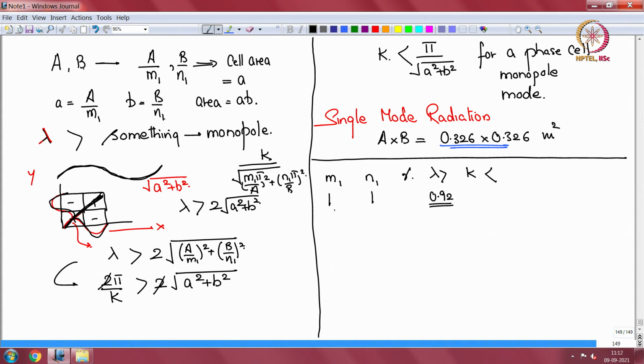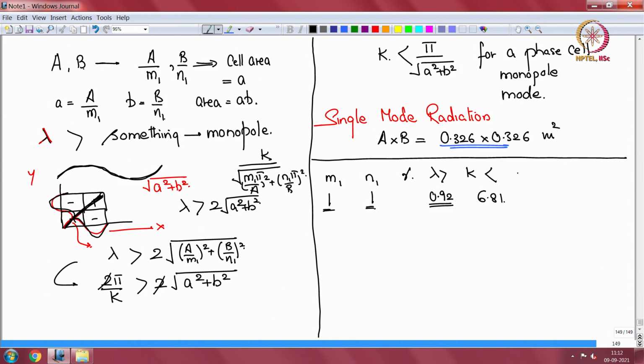Okay, because 1-1 means the whole panel is a cell actually, right? There are no nodal lines. So lambda is also quite big. Then k has omega over c, so it has to be low frequency. So it has to be less than 6.81. We are doing this for air.